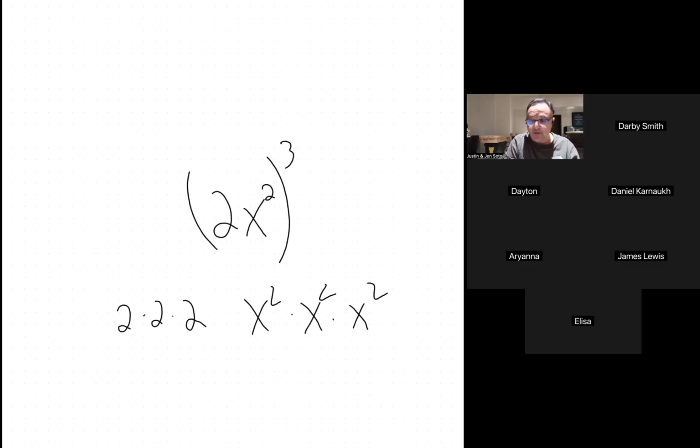Because you're talking about the volume of this cube. A volume is length times width times height. So 2x squared is one side, cubed. So you have to cube everything. 2 times 2 times 2 is 8. X squared times x squared times x squared is x to the 6th power. Okay? 2, 4, 6.